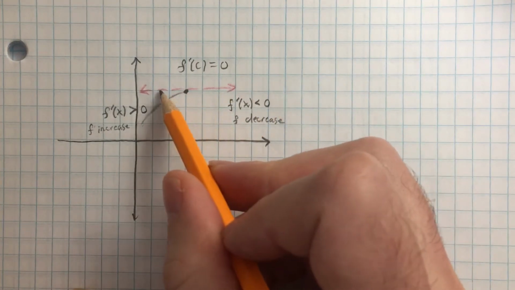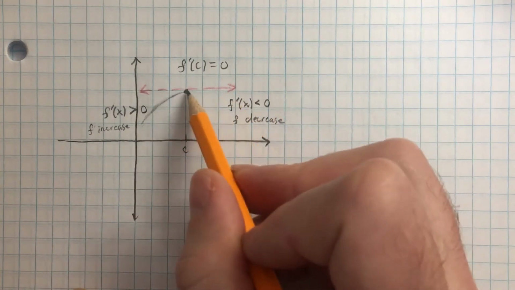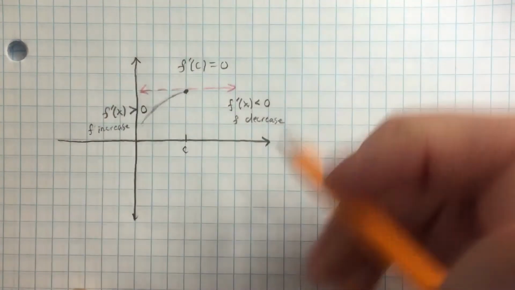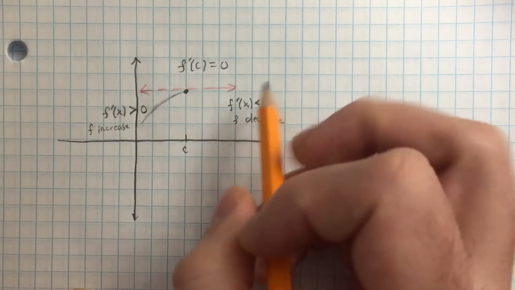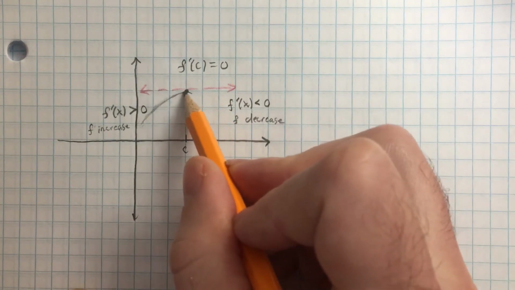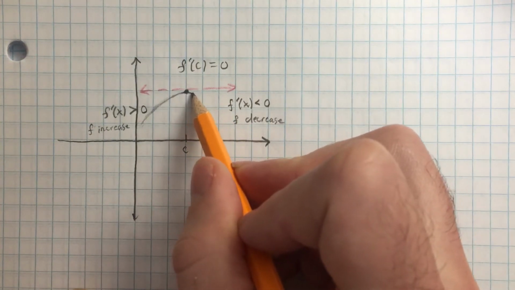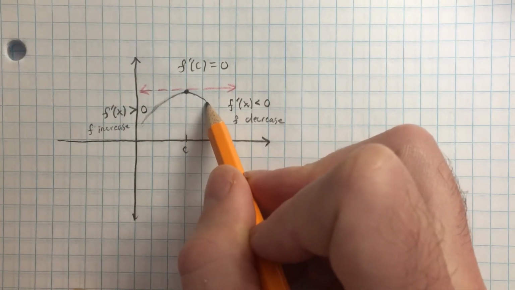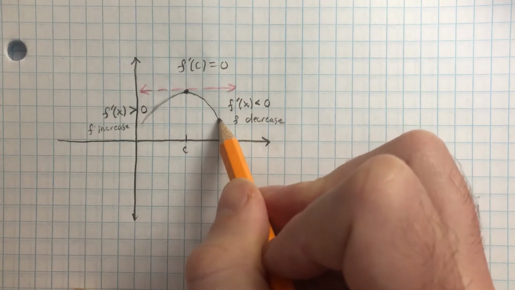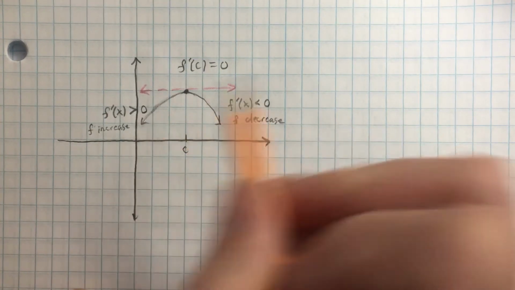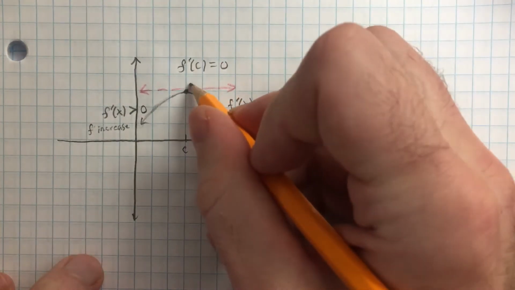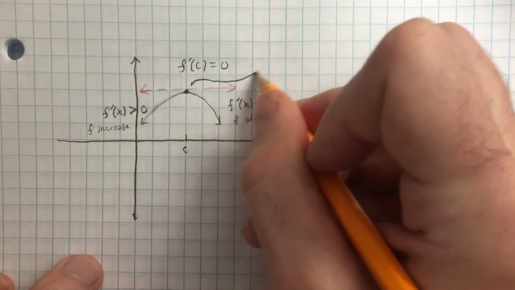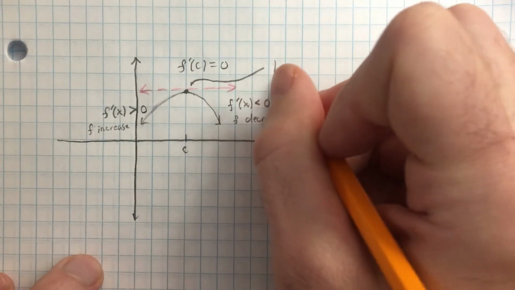From here, after the tangent line goes horizontal, it will start to decline and become negative in slope, and therefore it's now turning the points, in a sense, downwards, away from the C location. So we have to go decreasing here for our function. It'll look something like that. So what have we found? We have found that if this is the case, we have a local maximum.